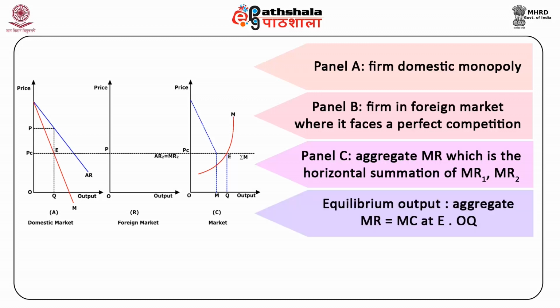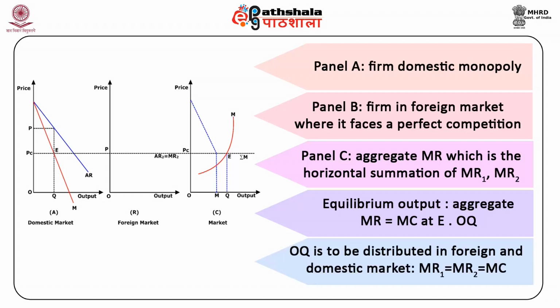The equilibrium output will occur where the aggregate marginal revenue is equal to MC at point E, and equilibrium output is OQ. The total output OQ is to be distributed in the foreign and domestic markets in such a way that marginal revenue in each market is equal to each other and to the marginal cost, that is, MR1 is equal to MR2 is equal to MC.